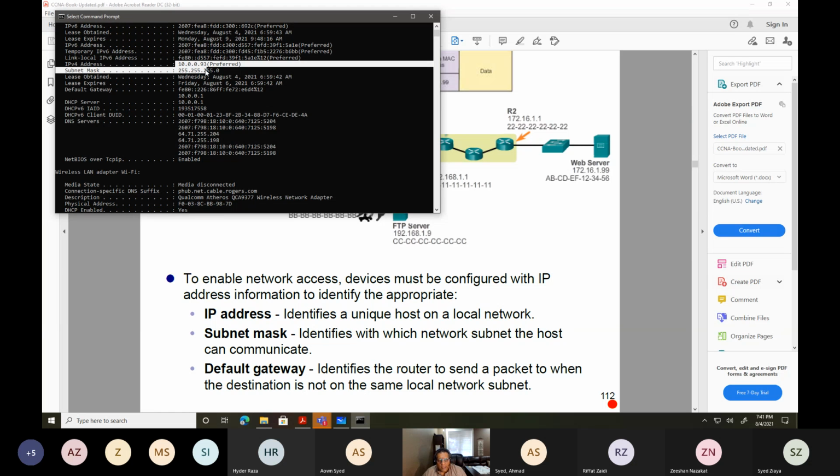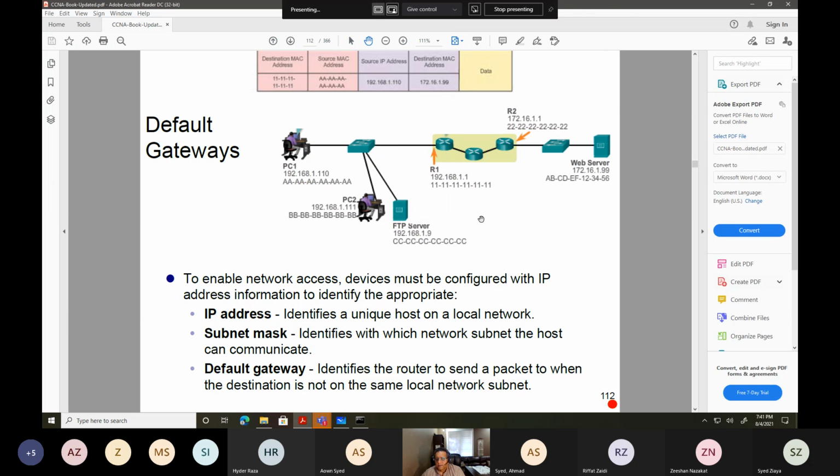If I want to go anywhere outside of my 10 network on the internet, I simply send my traffic to the Rogers box, and the box looks at its routing table to see if it knows how to get there, and then sends it out, right? So the job of a default gateway is, for PCs that don't know how to get somewhere, to simply take the traffic and send it across. That's the job of a default gateway. Okay, got it?